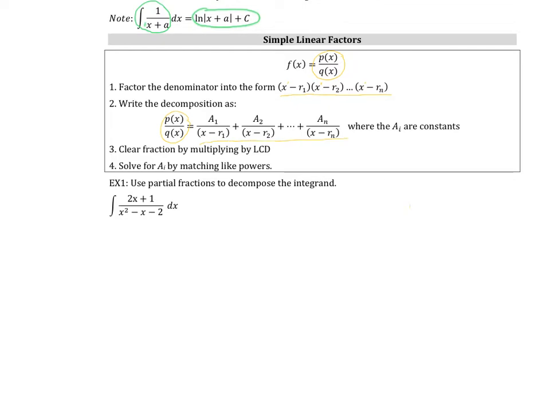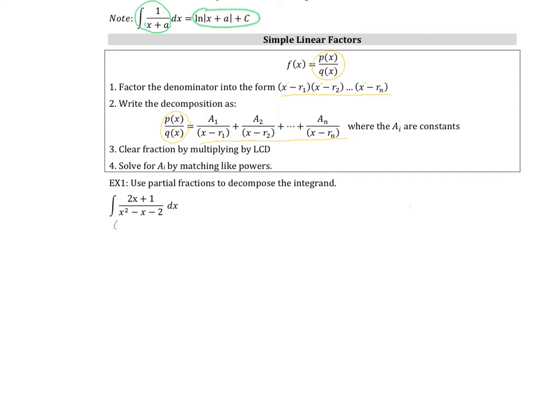So the first thing we want to do, in this first example, is just decompose the integrand. We're going to make it into little pieces, but we're not necessarily going to evaluate this integral. So what we first want to do is factor our denominator.